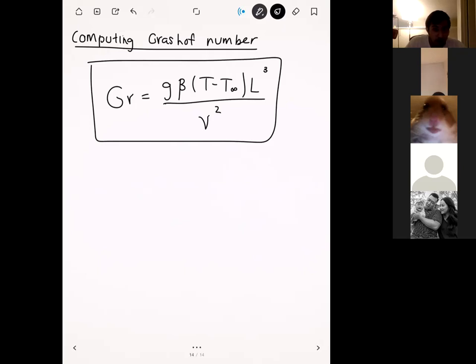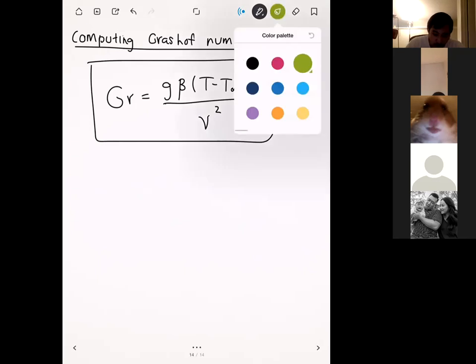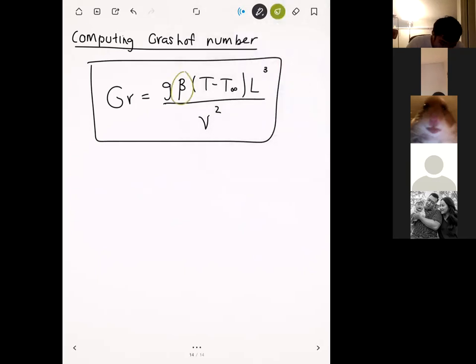Okay, and so let's talk about this beta, because that's something new in this equation. You can think of it as the volumetric thermal expansion coefficient.